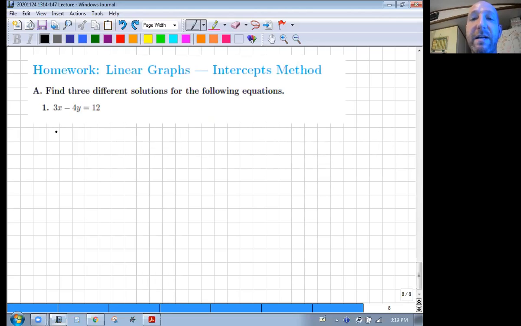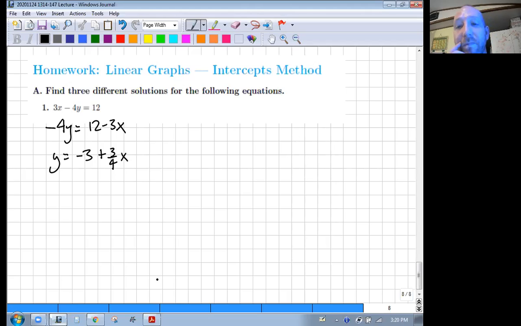The quickest way is to put this thing into slope-intercept form. So we got it like that, and we just want to get y on one side. So if we divide both sides by a negative 4, 12 divided by a negative 4 is a negative 3, and then we have plus 3/4 x.